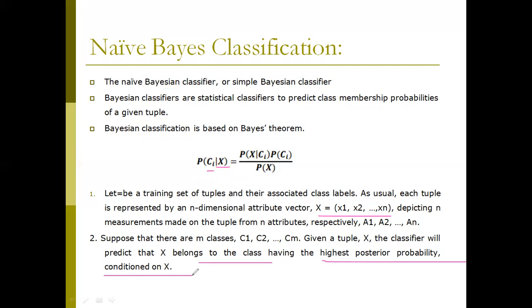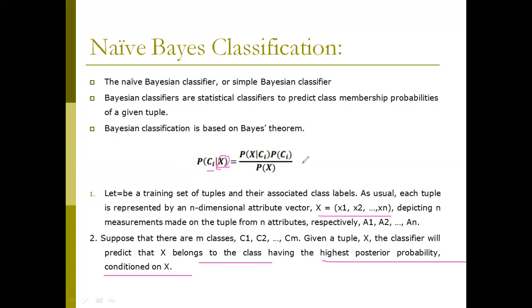Using this formula we get the maximum probability of a given tuple X. This is about Bayes theorem.